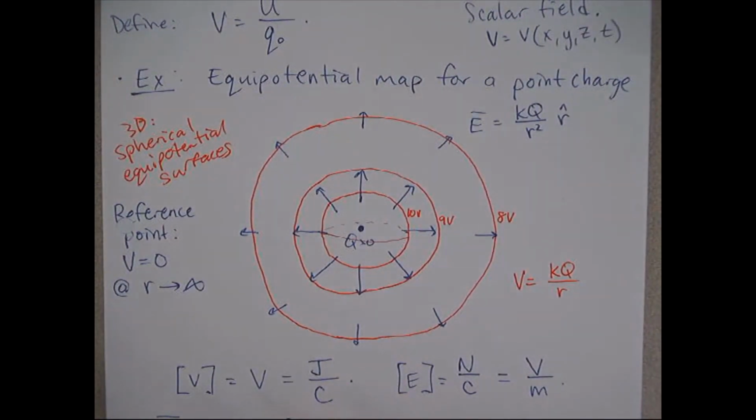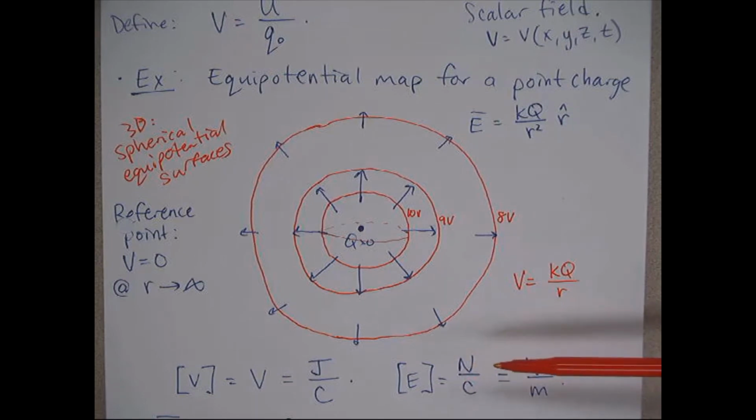So the joule per coulomb is the SI unit of voltage, volts. This gives us an interesting alternate unit for the electric field magnitude. We have been using for several weeks now newtons per coulomb, because you think about how much force does an electric field place on a charge.